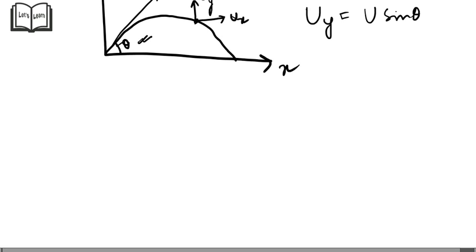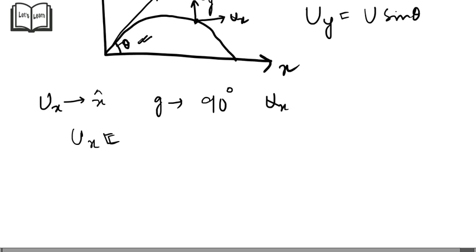Now ux is along the x direction, so gravity is 90 degrees to ux. So ux will not change due to gravity. That is, ux will be constant.